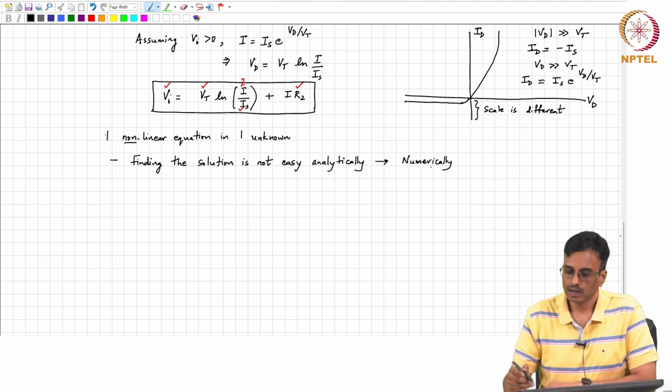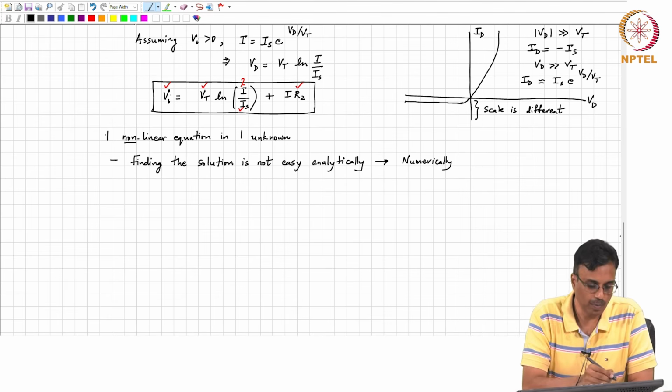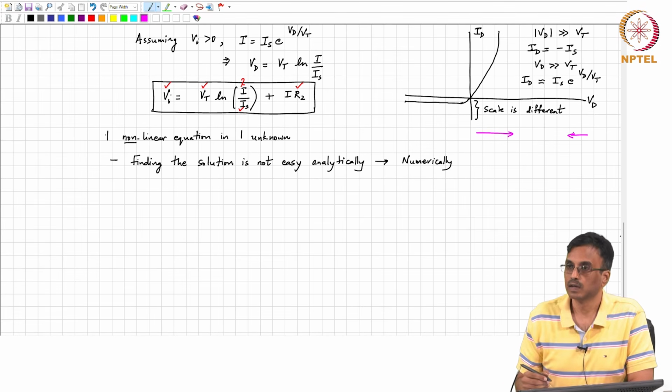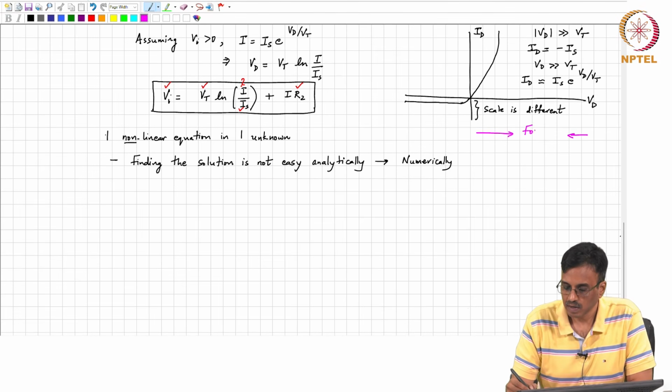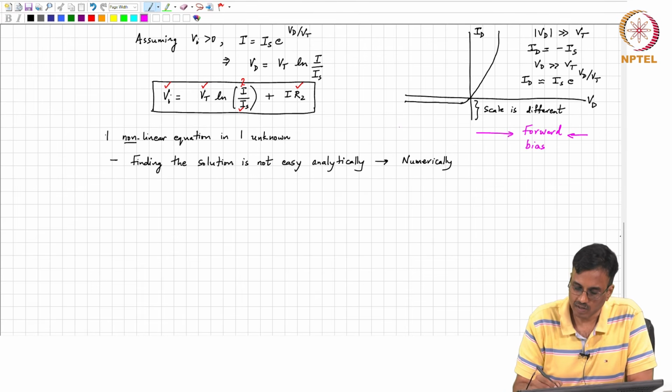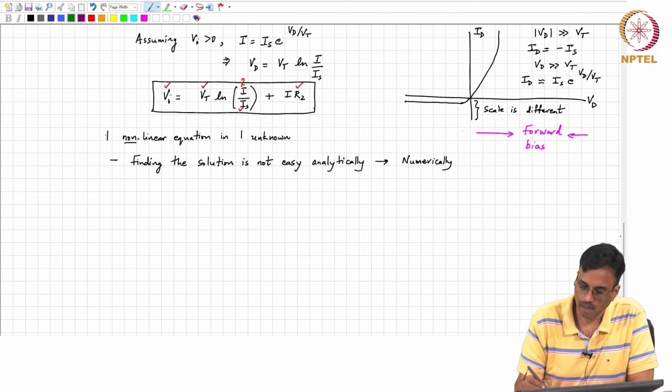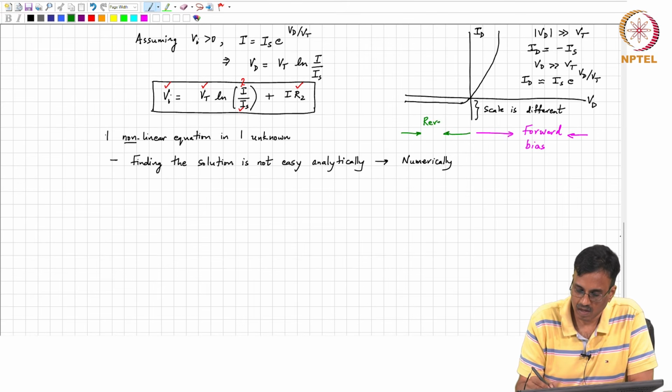And by the way, this region of operation of the diode, what is this region of operation called? It is called forward bias. And this region is called reverse bias.